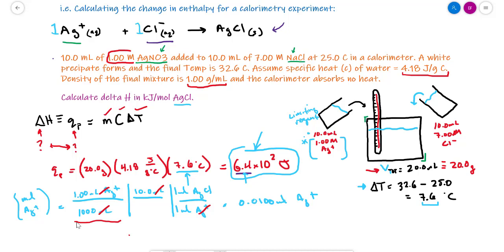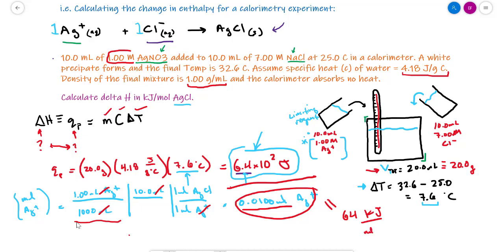So this is essentially just a yield. So we yielded 0.0100 moles of silver plus, so the final step here would be to divide these two, the heat divided by the moles, and that would equate to 64 kilojoules per mole of silver chloride. And that is the final answer of the example.